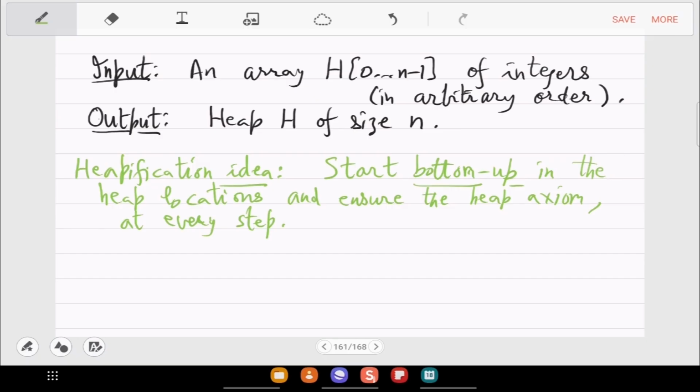If it is not being satisfied, then for example, if one of the children is smaller in value, then you swap the value. So when you swap the value in the heap as a tree, you swap the value in the heap as an array, right? So you'll just exchange the two values. So this you do and accordingly either move down or up.